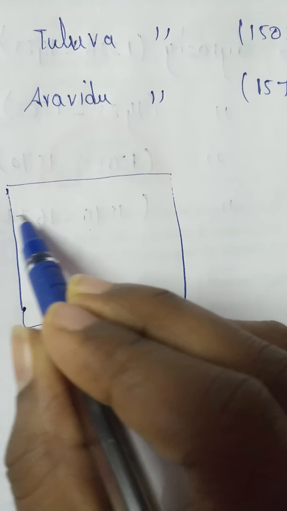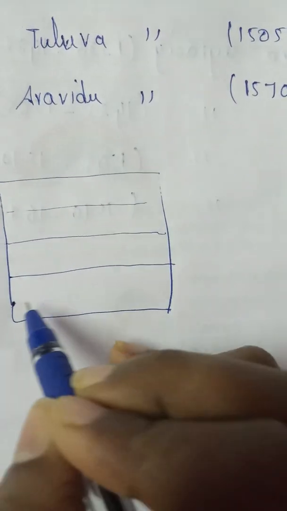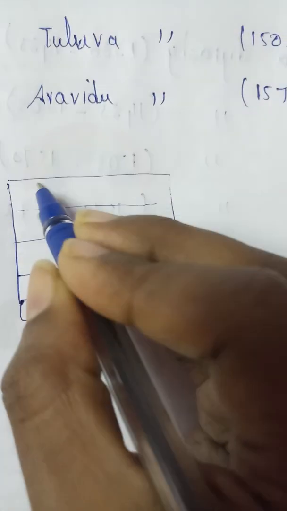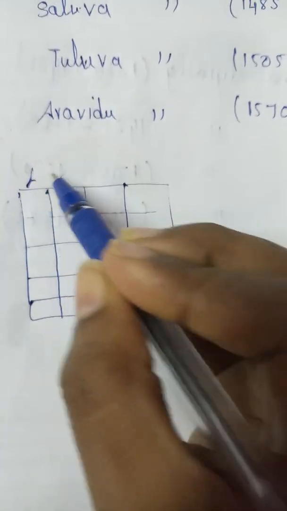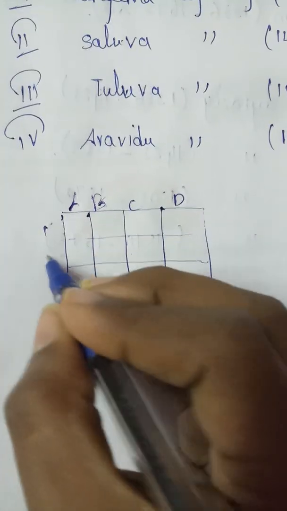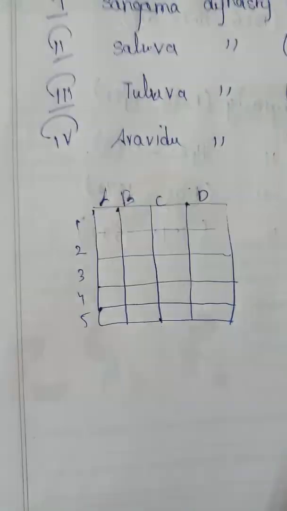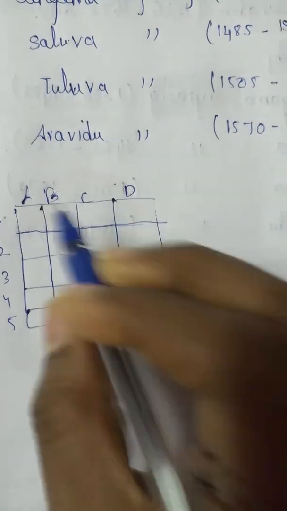It consists of rows and columns. This is column A, column B, column C, column D. These are all columns. And 1, 2, 3, 4 are named rows.